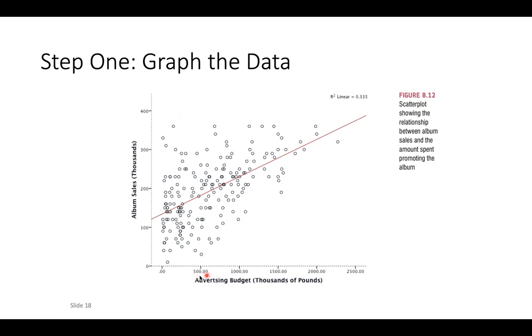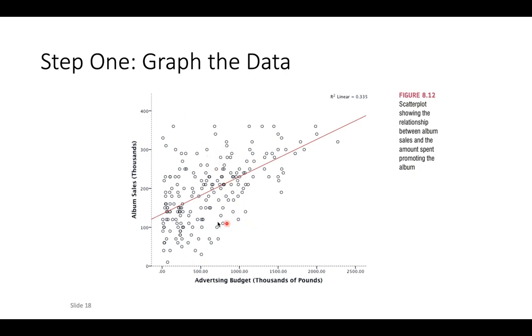So this 500 doesn't mean we spent 500 pounds. It means we spent 500,000 pounds. And for just over 500,000 pounds, this album sold 300,000 copies. It's in thousands. Again, just to make these numbers easier to deal with.